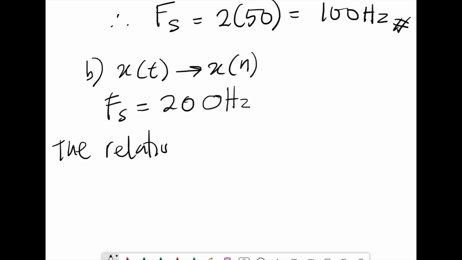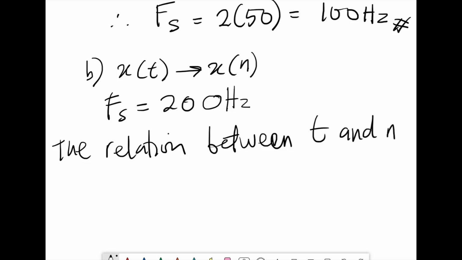So we know that the relation between t and n is given by t equals n over Fs. All right. So this is n over 200.